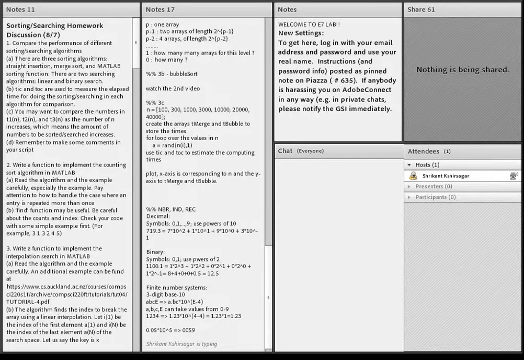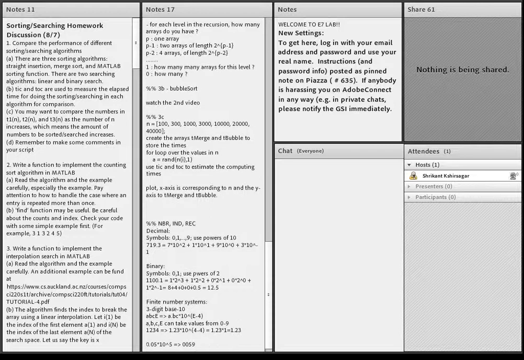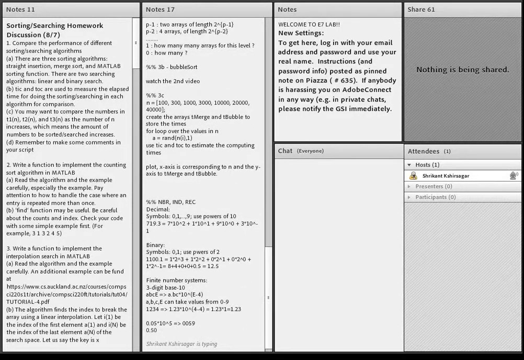So this number has the representation 0.059, but it can also be written as 0.50 into 10 raised to 4. So this number would then be represented as 0508, where the exponent is now 8.